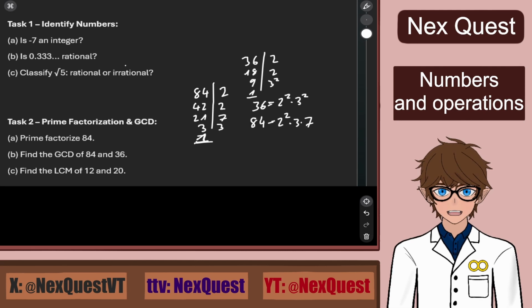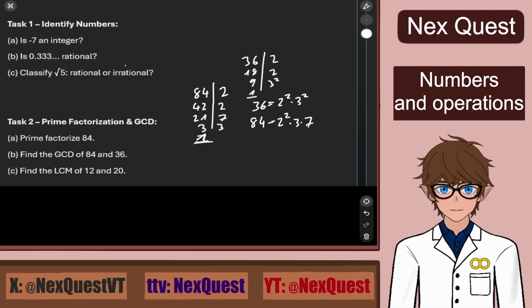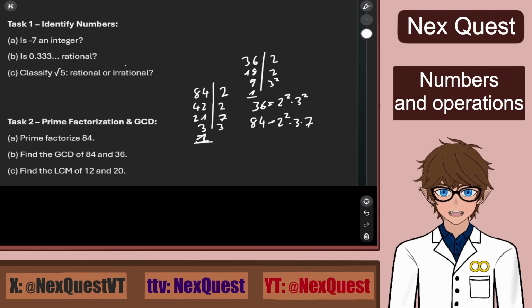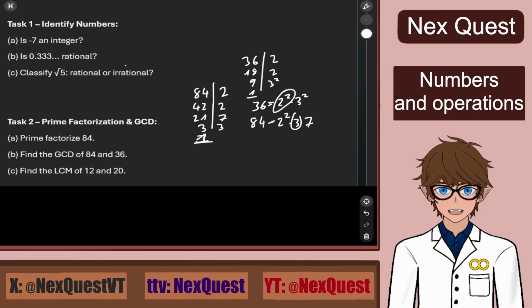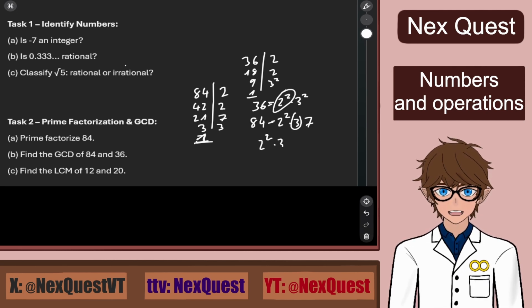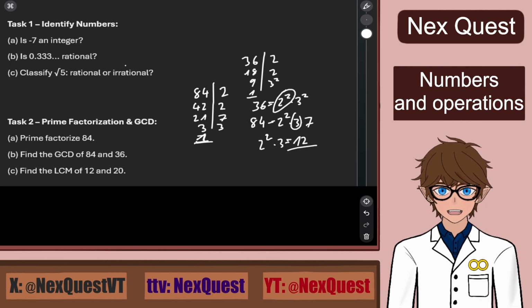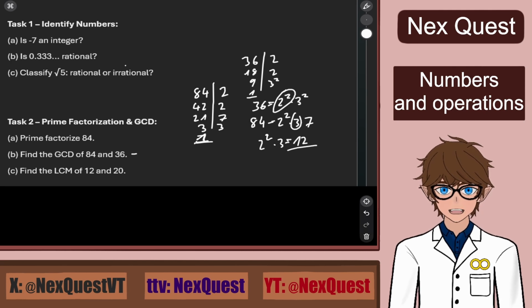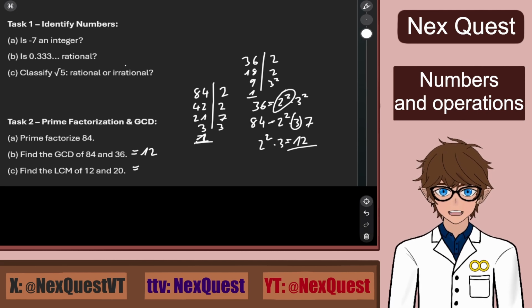So 36 is 2 squared times 3 squared, and as we know, the greatest common divisor is all of the common prime factors with the lowest exponent, which means 2 to the power of 2 and 3. We multiply that together, we get 2 to the power of 2 times 3 equals 12. Which is the answer for B.